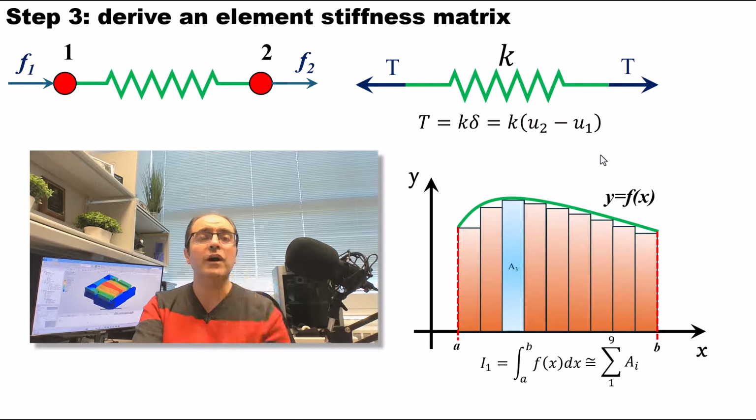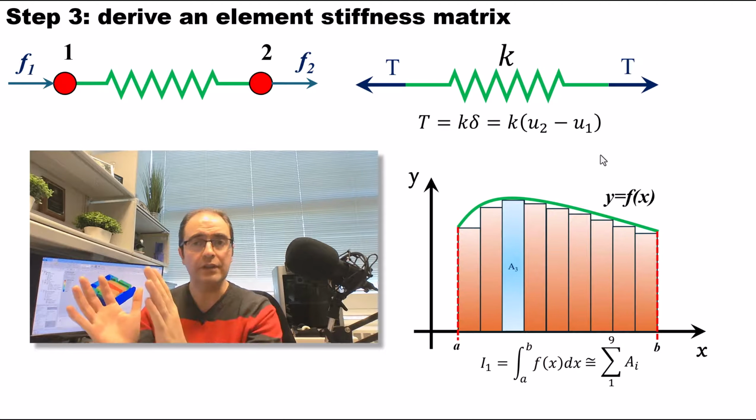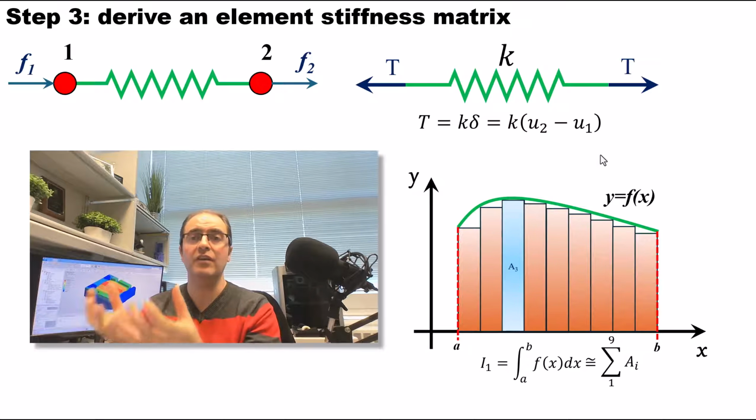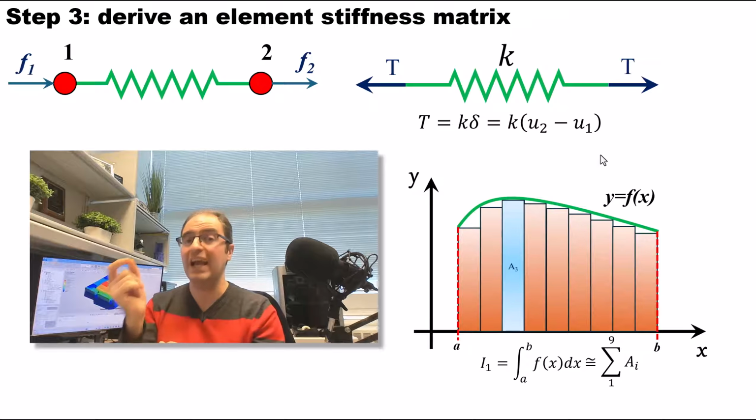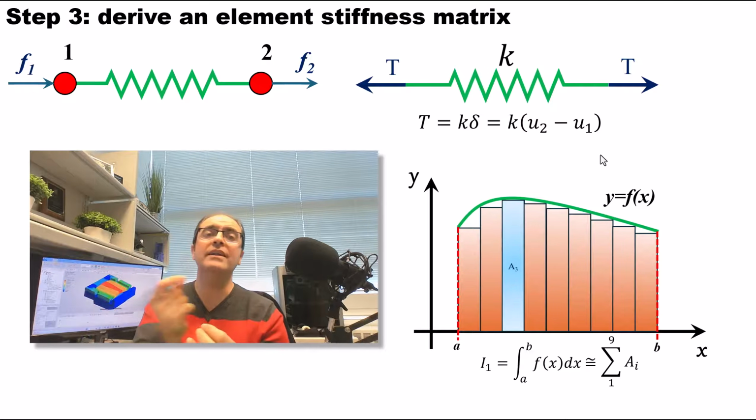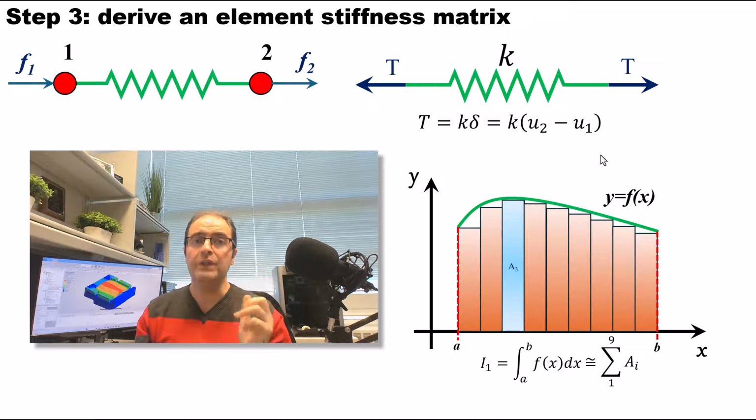I want to find the stiffness matrix for this element. As I told you before, in the physical model, I have a stiffness constant or a spring constant, which is actually a scalar. However, on the left, I have the finite element, and this finite element also has a stiffness, but it's not just a scalar.